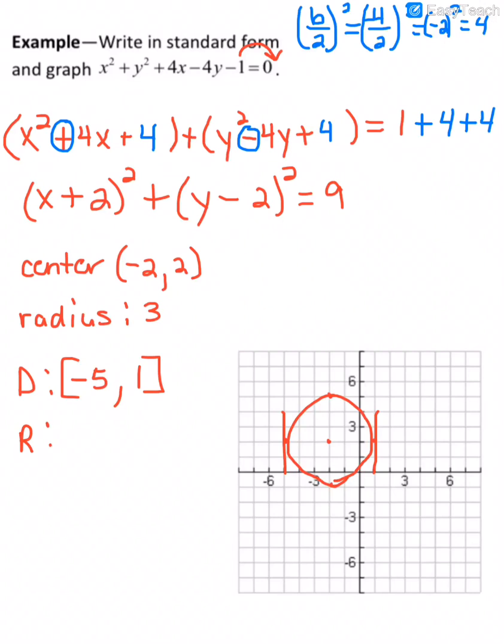For our range, it goes down to -1 and up to +5. Doing it when it's not in standard form is a little complicated, so let's do one more example.